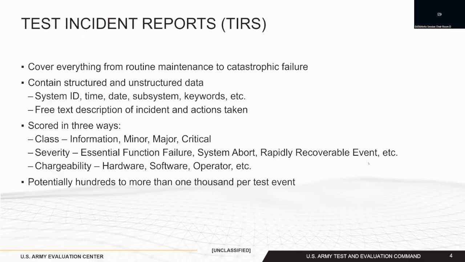And then there's chargeability. It could be caused by the hardware, it could be the software, it could be operator training, or a number of other things as well. And I said there are potentially hundreds to thousands of these per test event. So the process of getting the score correct and also consistent is very important.